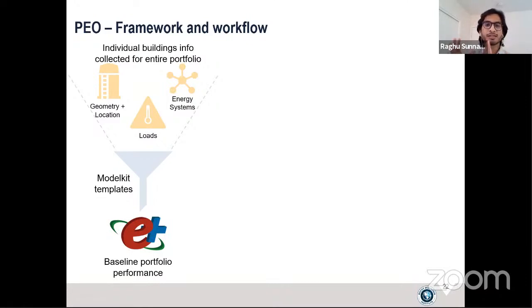And so this is the first big chunk of the work that the PO tool does, which is developing all of these models. So we use the model kit templates and scripting to populate a ton of models that need to be built for the entire portfolio. So for example, the NCR project, we're talking about 162 buildings, where we don't want to spend weeks populating so many different energy models.